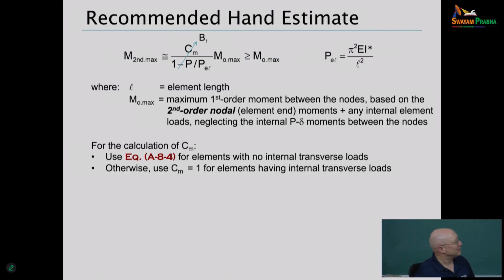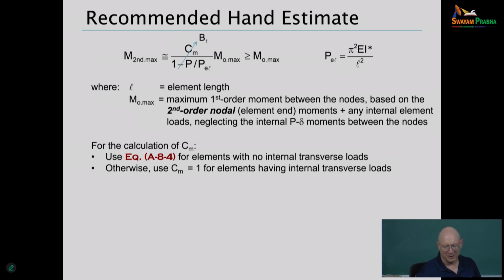That gives you an estimate. If you're getting a number larger than 1 there, okay, I'm going to bump up my moments from what I've got from my second order analysis solution to cover what's going on in between the nodes of the element.